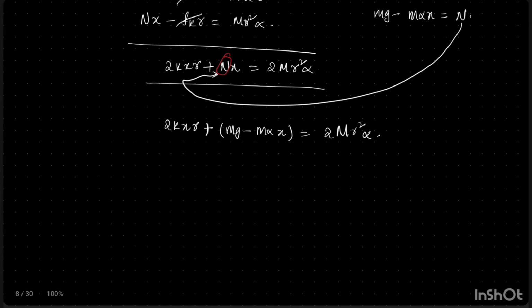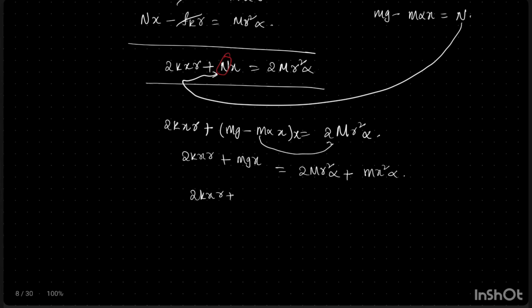We can send the 2kxr, multiplying the x inside mgx, to that side, equal to 2m r square alpha plus m x square alpha.